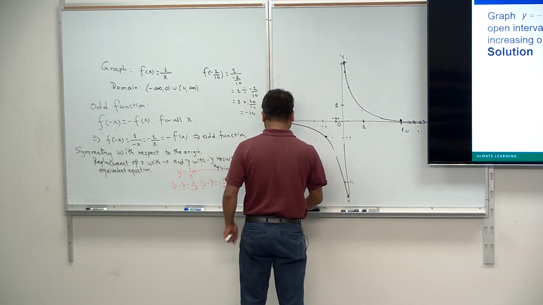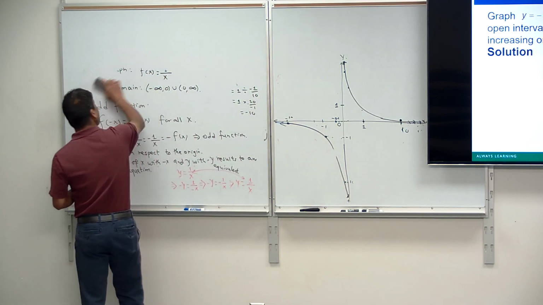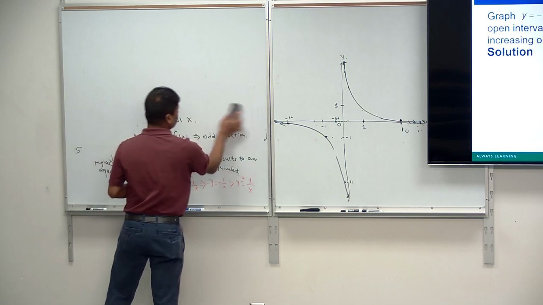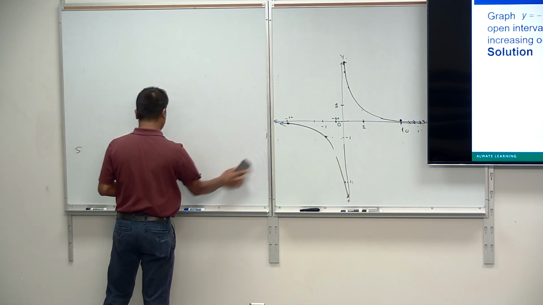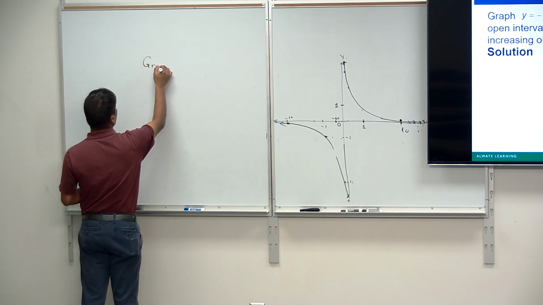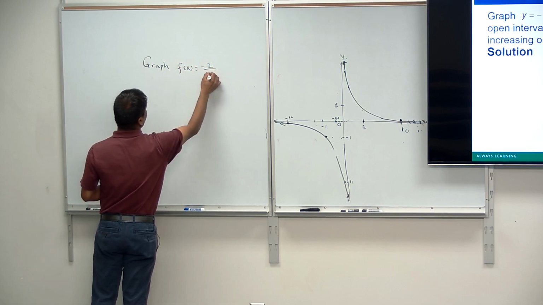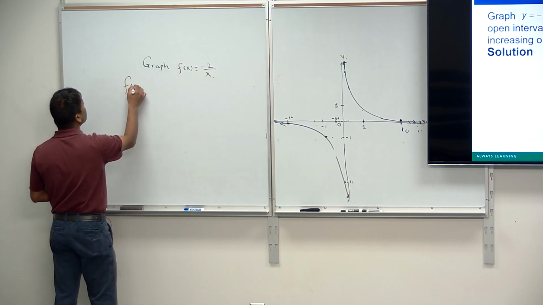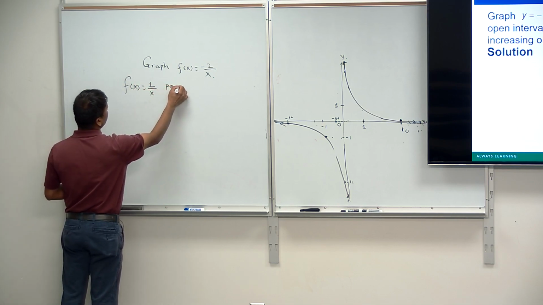If you want to graph f(x) equal to negative 2 over x, look here, this is your parent graph, or the original graph.